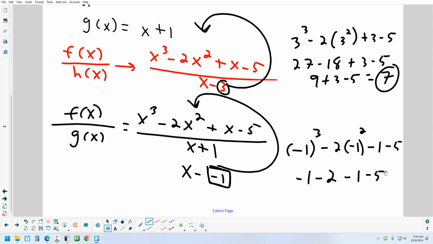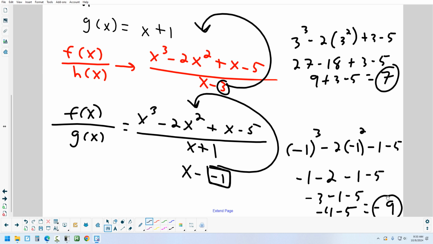What's -1 minus 2? -3. And -3 minus 1, -4. -4 minus 5, -9. So it takes us maybe like 20 seconds. That's a lot faster than doing long division. If you want the quotient, you still have to do long division.